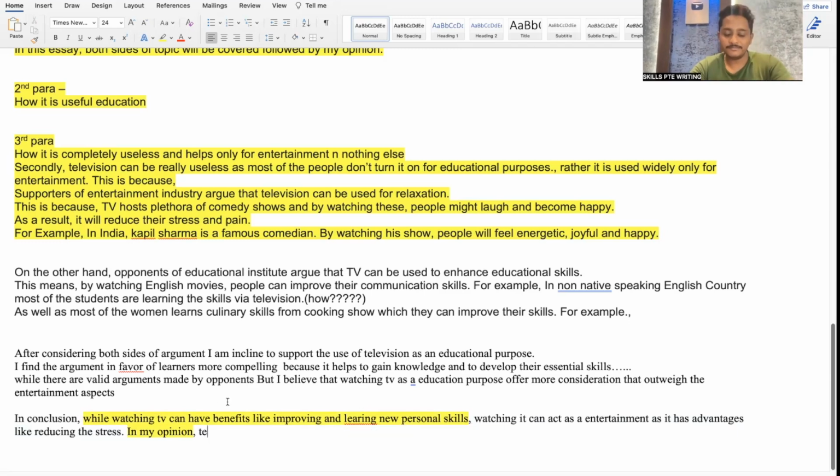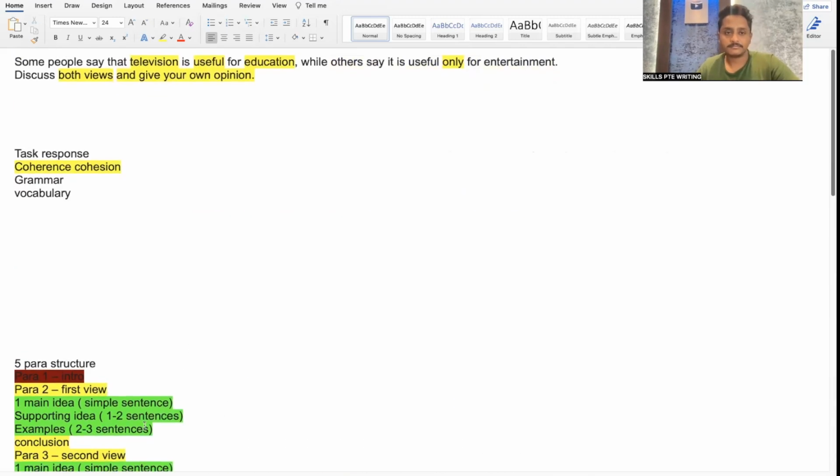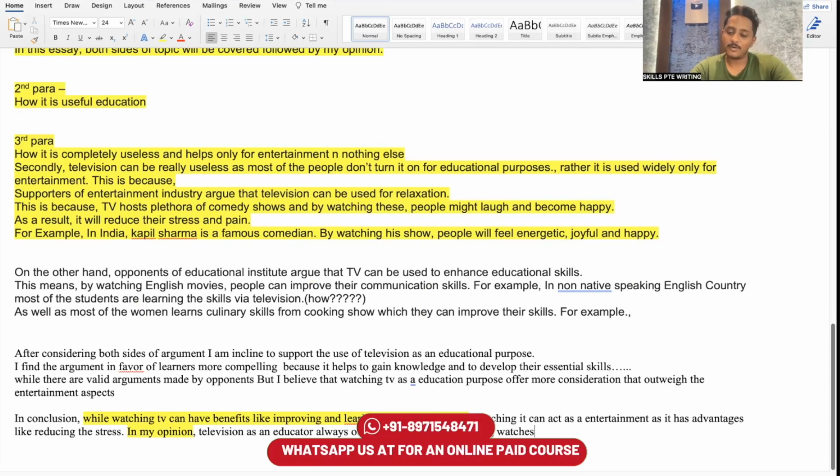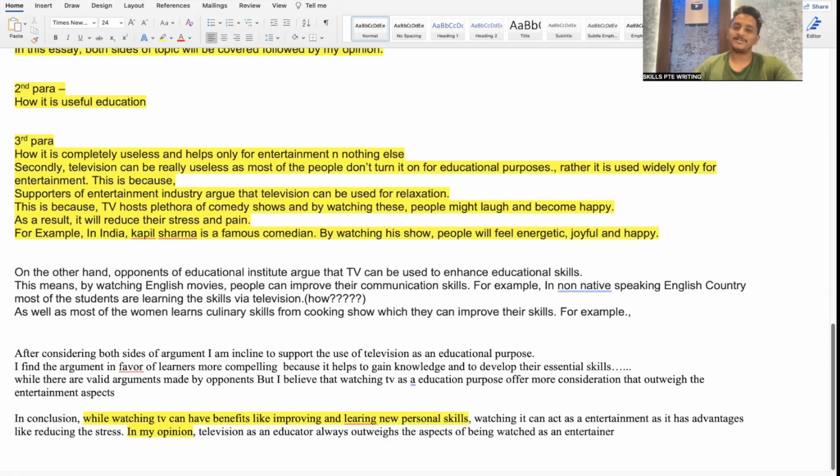In my opinion, television as an educator, that was his idea, always outweighs the aspects of being watched as an entertainer. You need to modify the template a little bit based on the question.